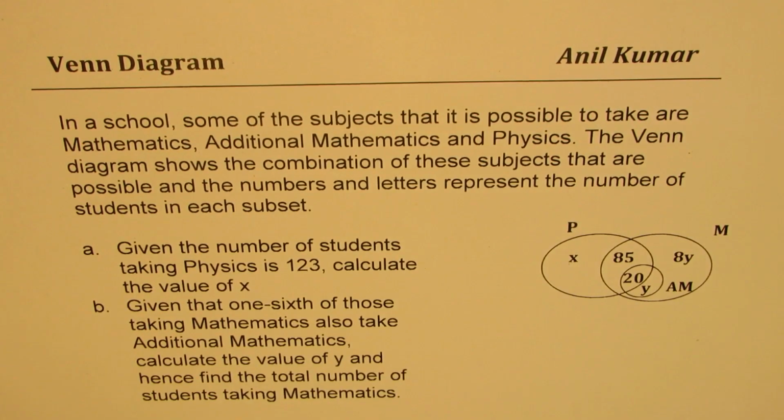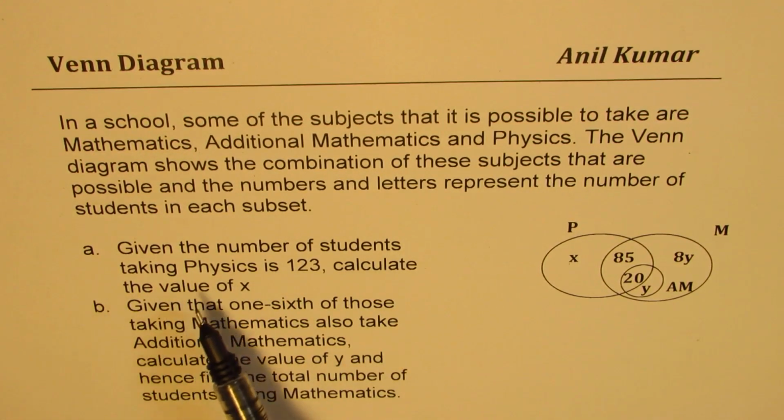The question here is, in a school, some of the subjects that it is possible to take are mathematics, additional mathematics, and physics. The Venn diagram shows the combination of these subjects that are possible, and the numbers and letters represent the number of students in each subset. So that's the Venn diagram.